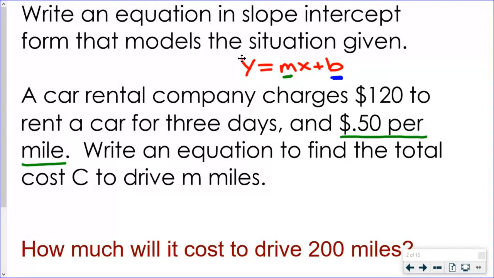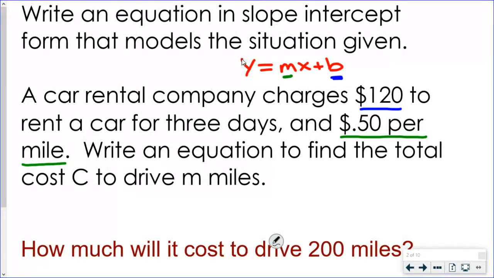Well, that's because it's automatically $120 if you rent it for 3 days, 2 days, 1 day, a day and a half. So that is going to be my starting cost. Then for every additional mile, I go 50 cents per mile. So if all I do is drive to a hotel, it's not that much, versus if I drive around town, it'll be 50 cents per mile.